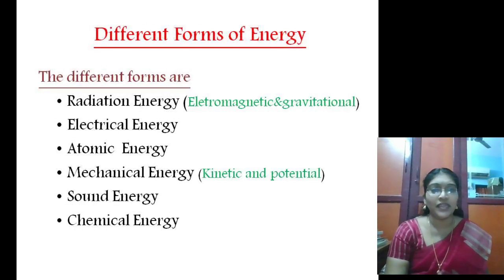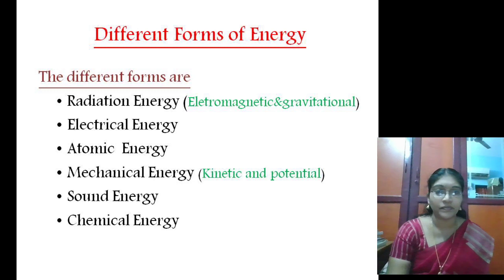So first we can see the different forms of energy. The different forms are radiation energy, that is the energy from the electromagnetic as well as the gravitational radiation. And the electrical energy is the energy produced by the movement of electrons. And the atomic energy is the energy produced by the fission or fusion of nucleus, so it is also called nuclear energy.